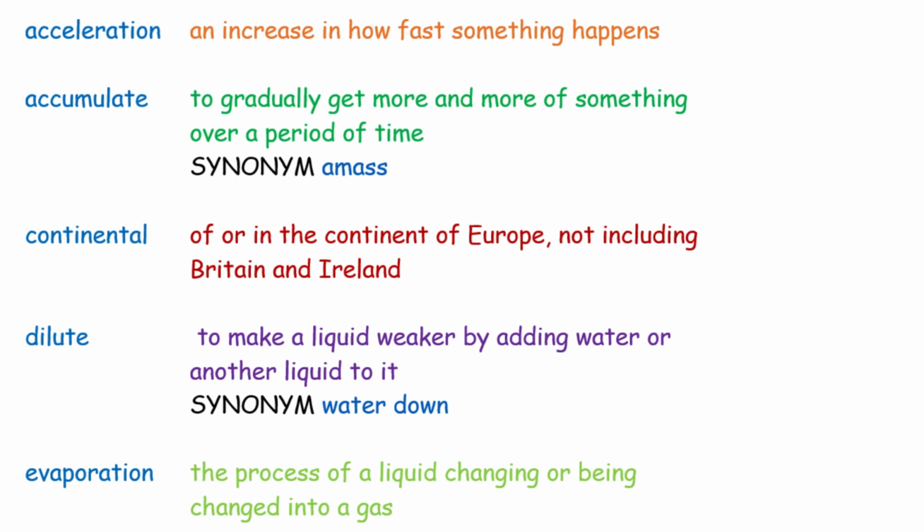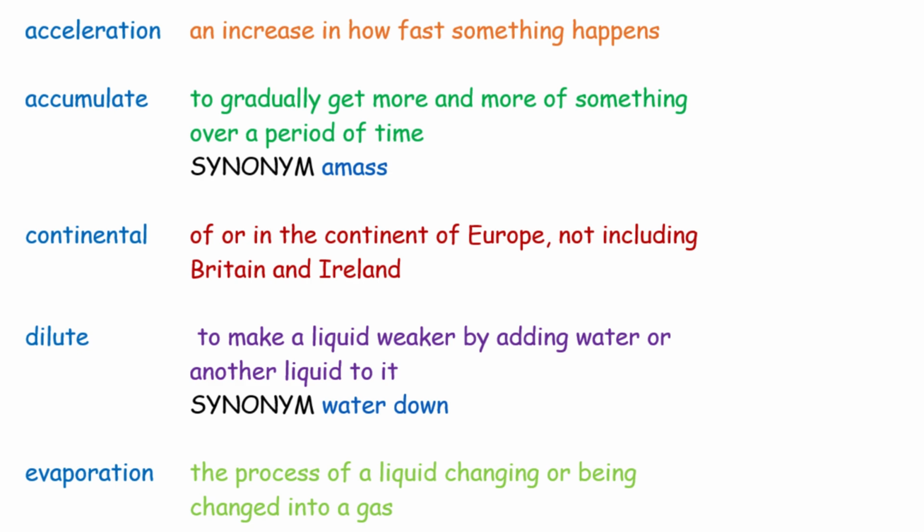Accumulate. To gradually get more and more of something over a period of time. Synonym: amass. Continental. Of or in the continent of Europe, not including Britain and Ireland. Dilute. To make a liquid weaker by adding water or another liquid to it. Synonym: water down.